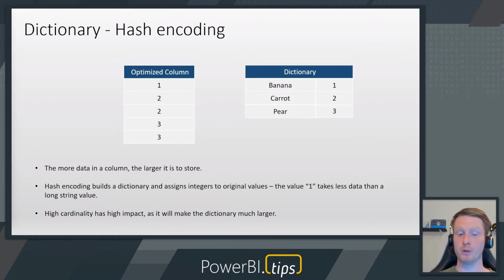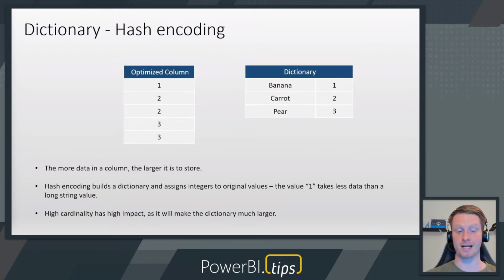So hash encoding builds this dictionary, and it assigns integers internally. Behind the scenes, it stores it this way, and this is a good way to conceptually view it. The value one takes less data than a long string value, is the idea. A bit theoretical here because this happens behind the scenes, but that's the idea.